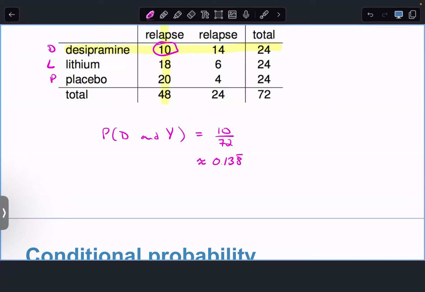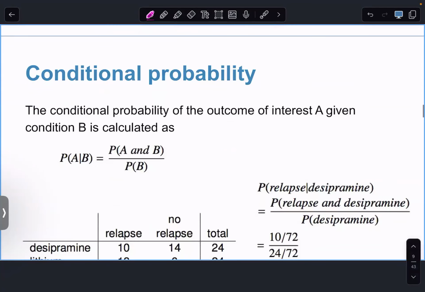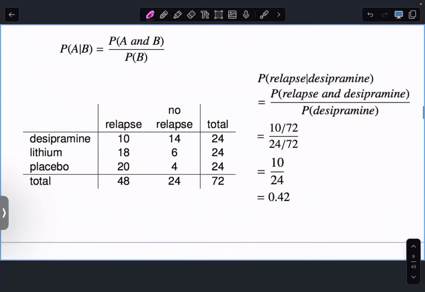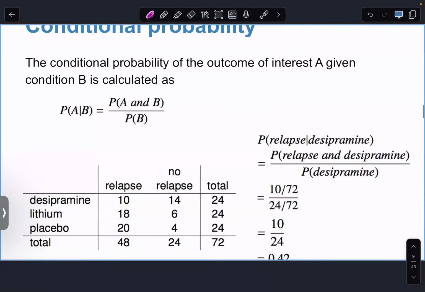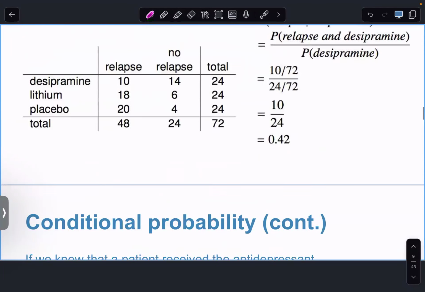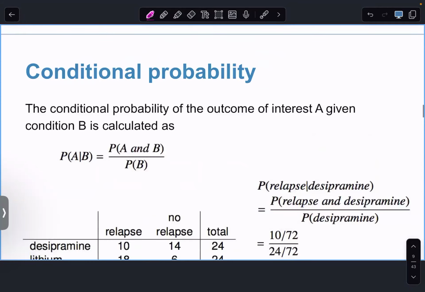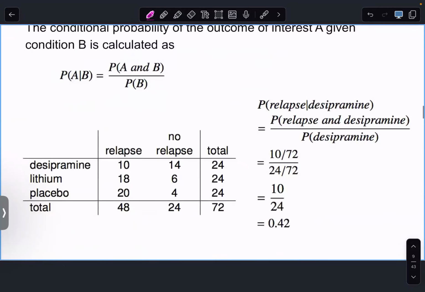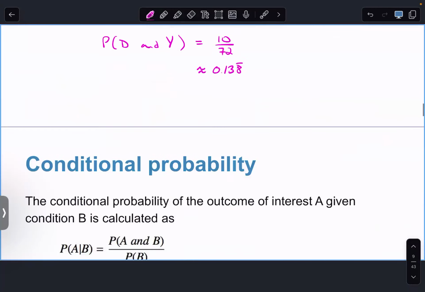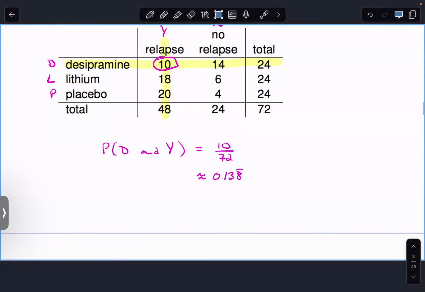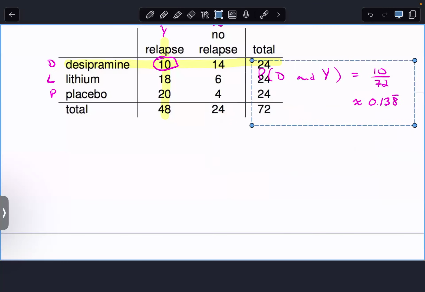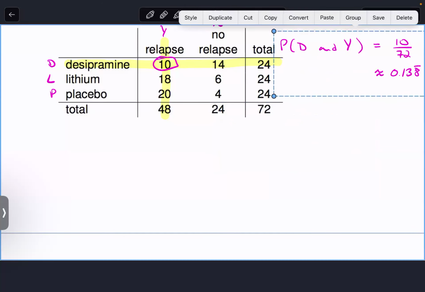You ready for a conditional probability? Okay, we're not ready. I'm gonna move this up here.